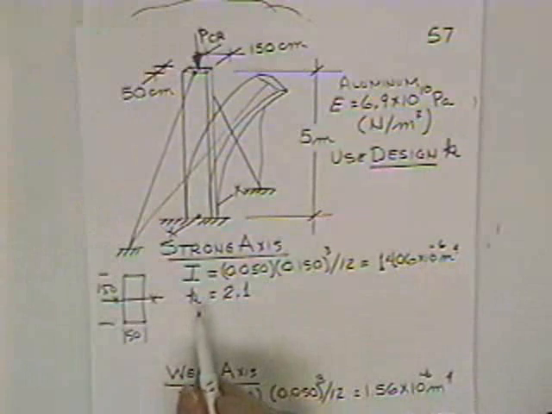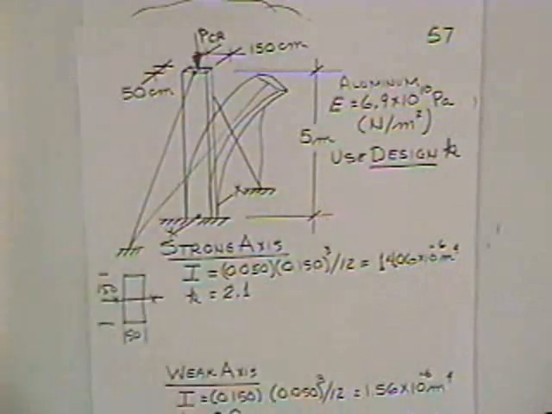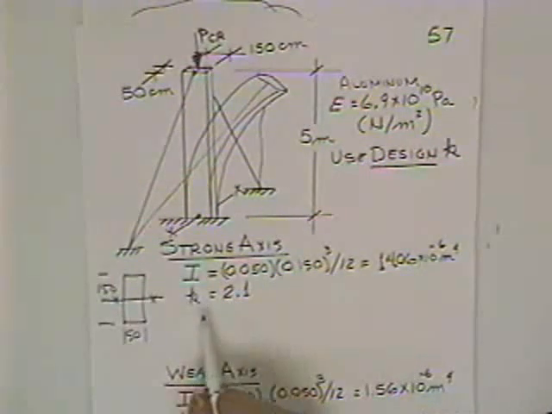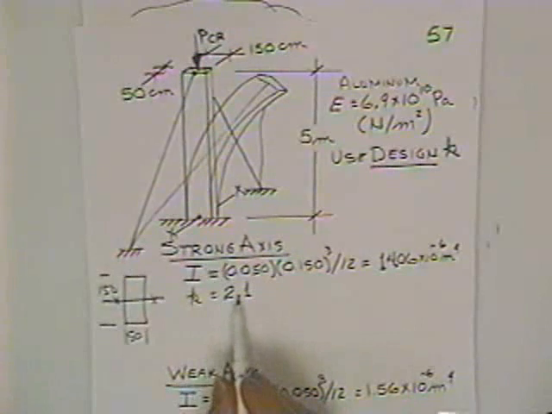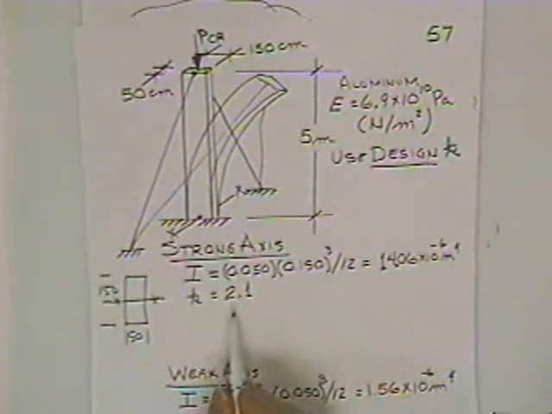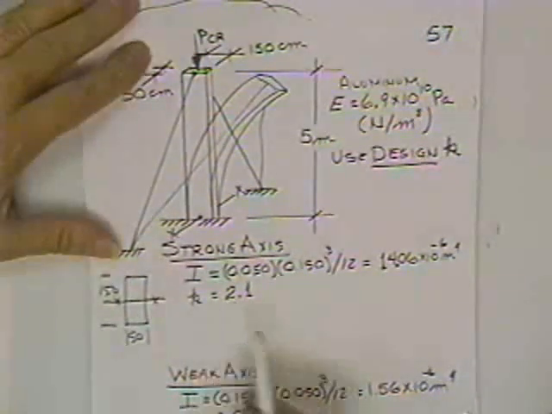You notice I changed my centimeters to meters. Also, if you will look in your reference manual on page 32, you will find that one end fixed and other end free design value K is 2.1. Theoretically it's 2, but design is 2.1.